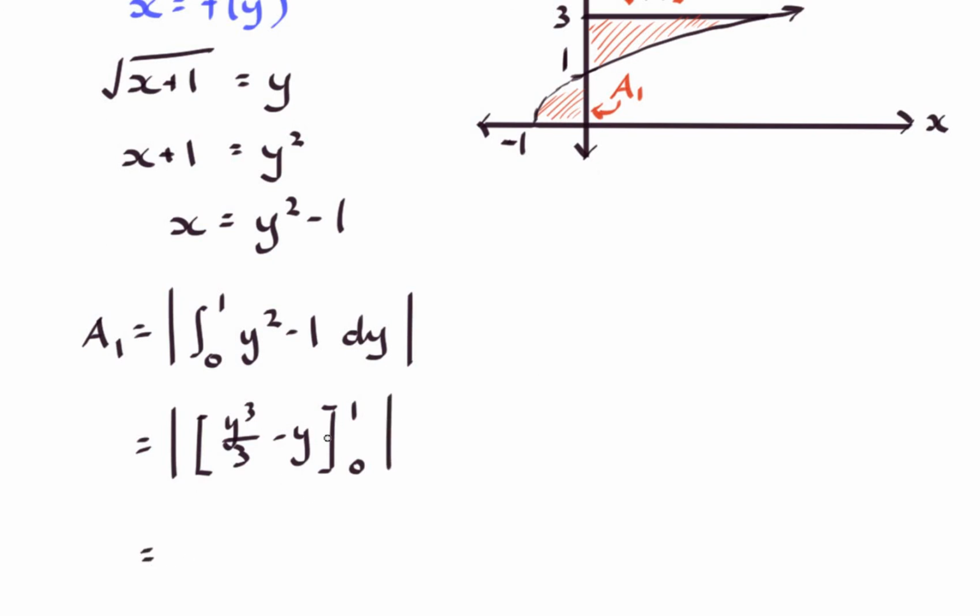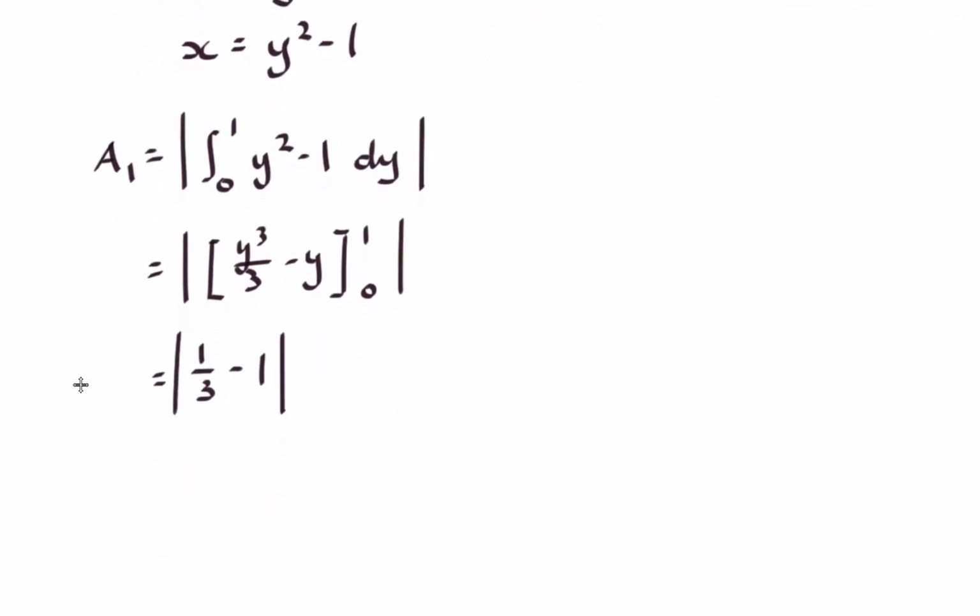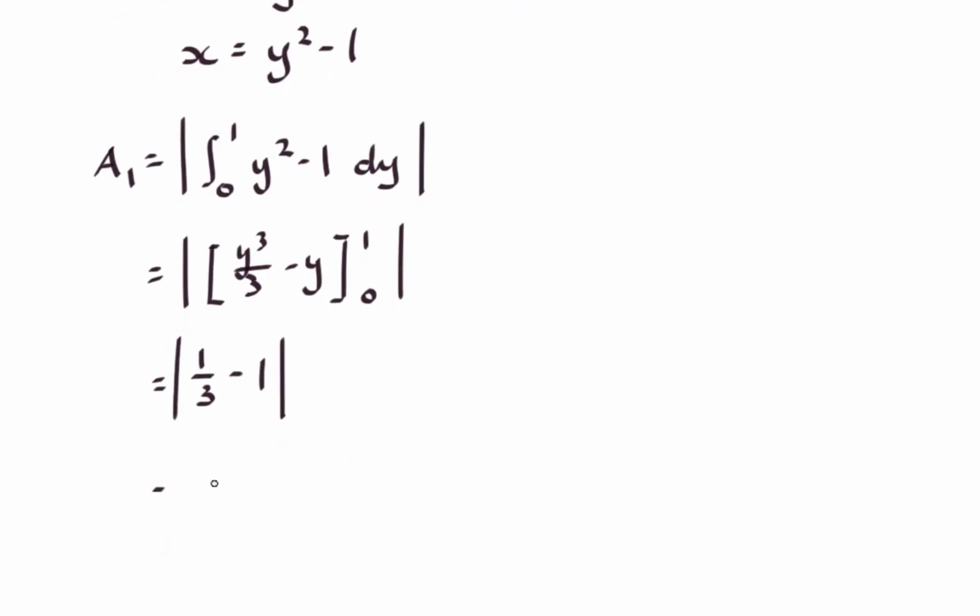And then when we evaluate, we see that we get 1 cubed over 3, so that's 1/3, minus 1. Now, we also will have minus whatever we get when we substitute in 0, but that's just 0. Now, 1/3 minus 1, that's negative 2/3. But because we have the absolute value signs around the outside, that turns our area into positive 2/3.